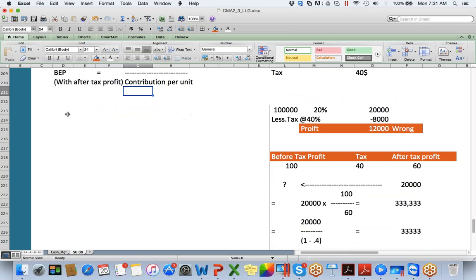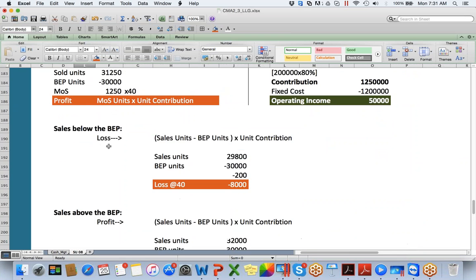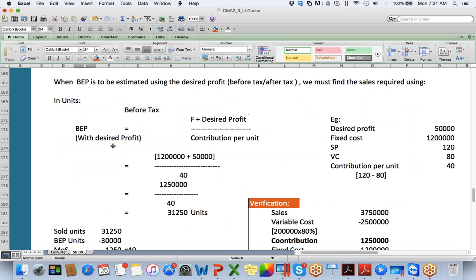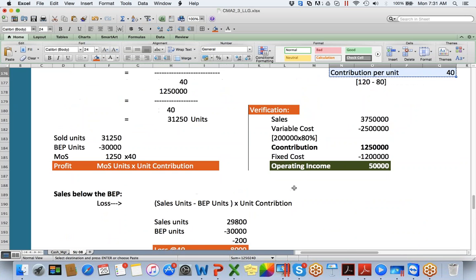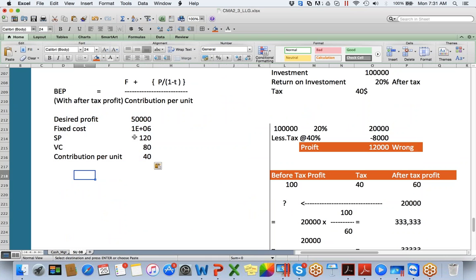Now let's say how much profit is to be, how many units are to be sold. So let us take the same example here. But this one we want desired after tax profit.